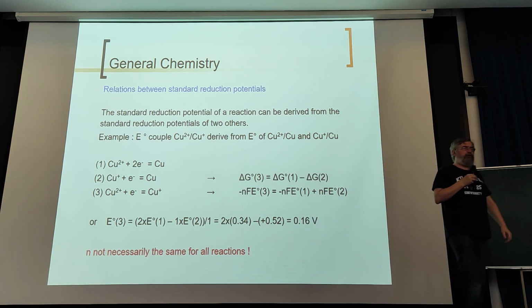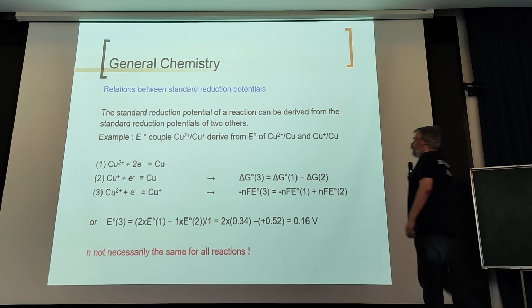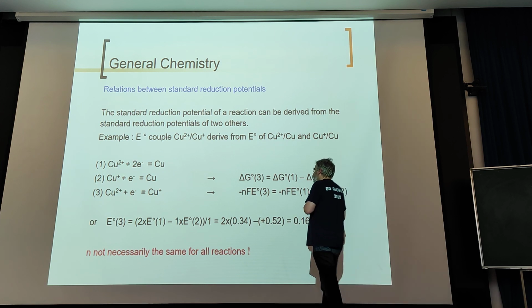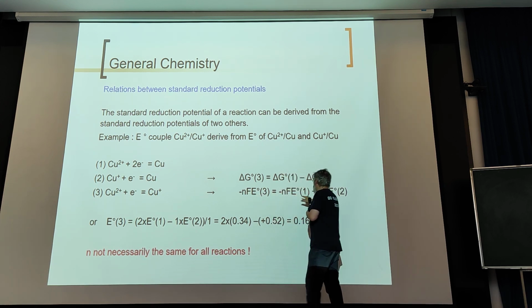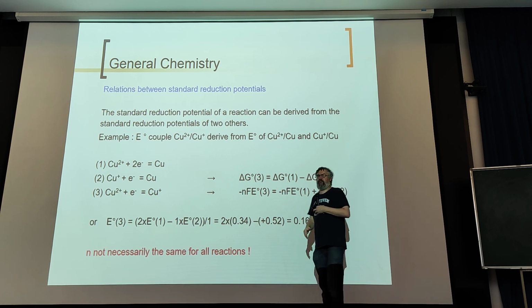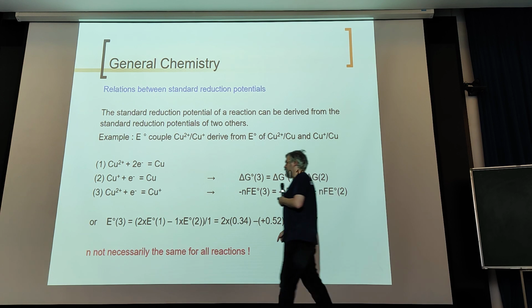In our first reaction we have 2 electrons. In the second and the third reaction we have only 1. So that means we will have to take it into account, and in fact substitute 2 here, 1 there, 1 there, and then divide by F. And then we won't make a mistake.